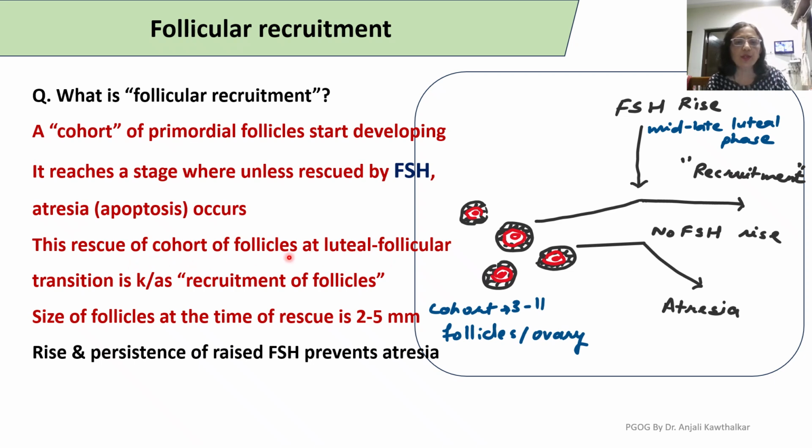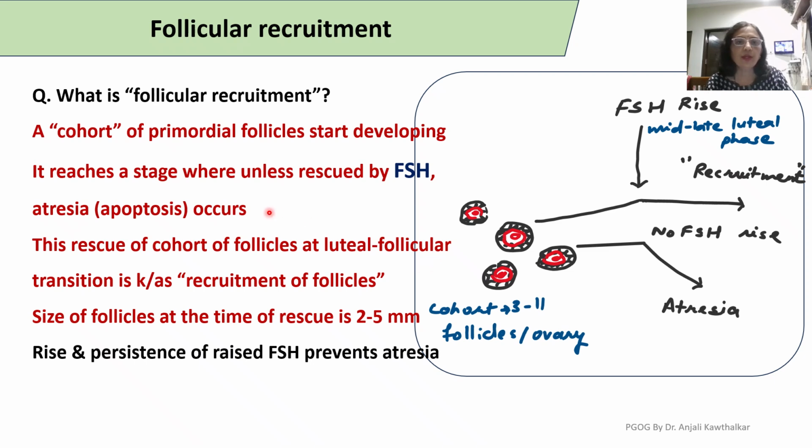This rescue is possible only at the luteal follicular transition, and this rescue of the cohort is known as recruitment of follicles. Otherwise, what we feel is recruitment is as if there is a cohort of follicles, and the follicles grow further, and that is why we call it rescue. But the main difference is the concept that it is being rescued, from what?